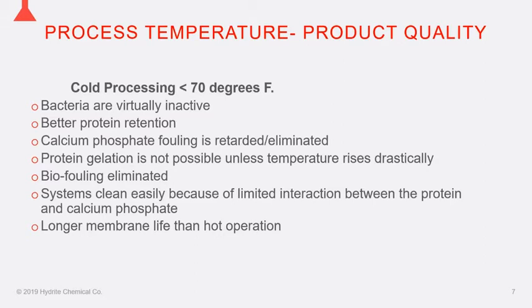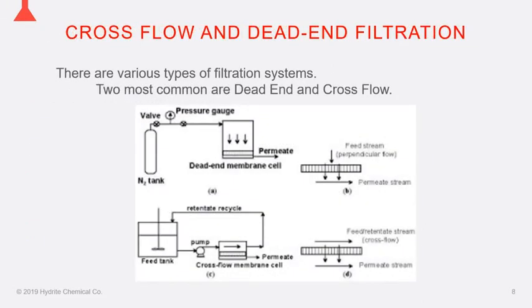You don't end up with protein gelling. Since you don't have the micro growth, it's less susceptible to biofouling, becomes easier to clean, and you end up with longer element life.